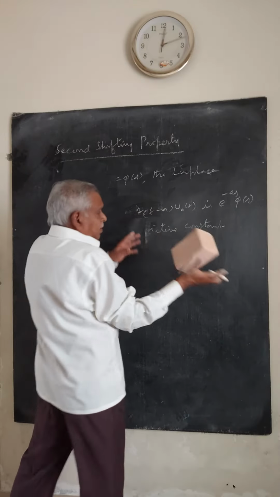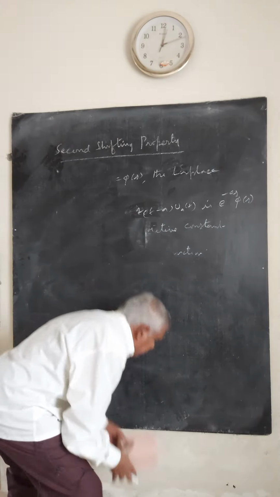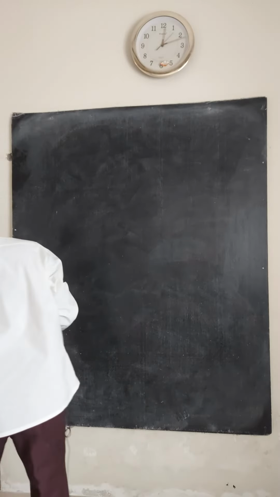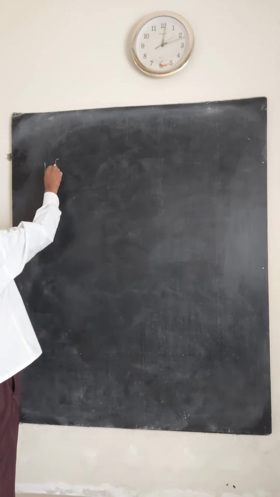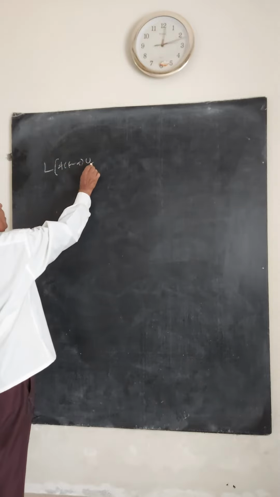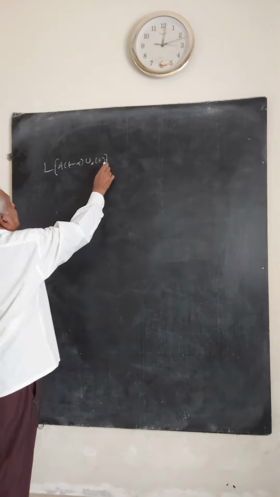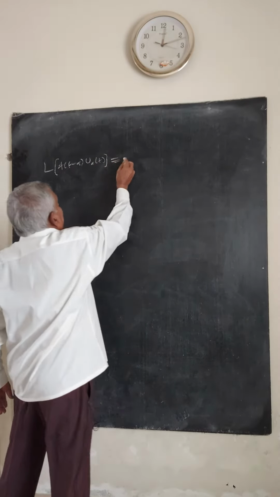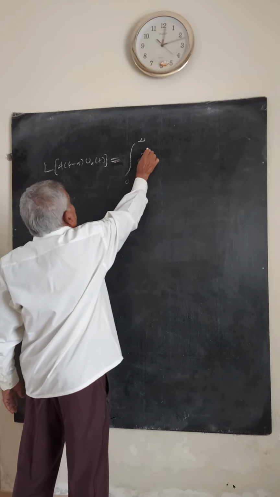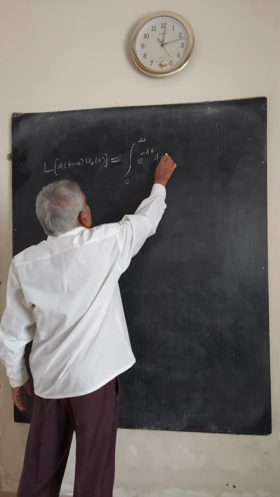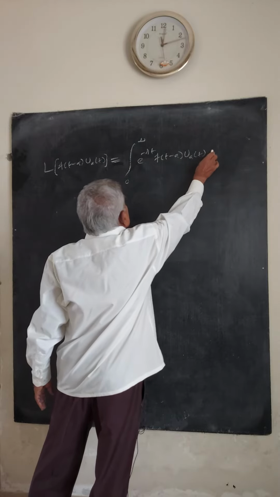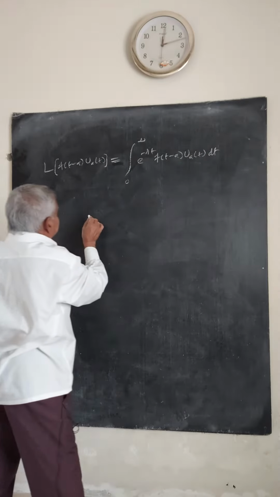Let us give proof for this. L of f(t minus a) u_a(t) equals the integral from 0 to infinity of e^(-st) f(t minus a) u_a(t) dt.